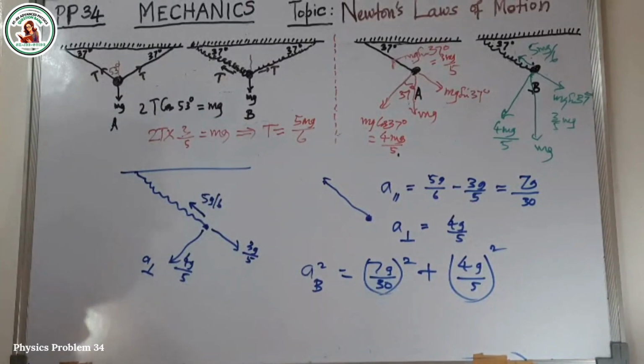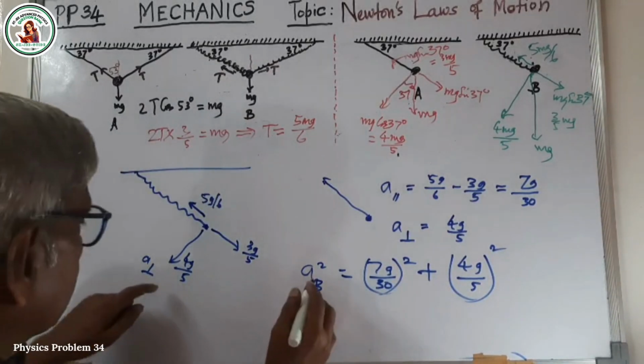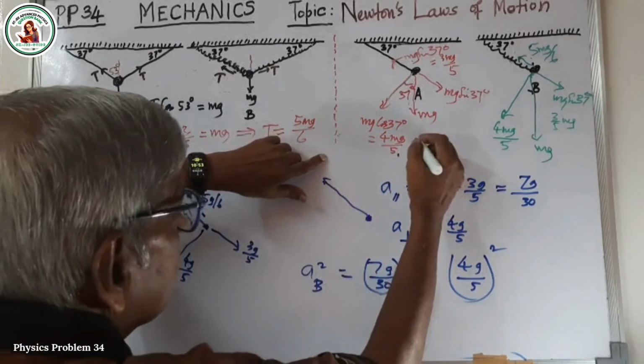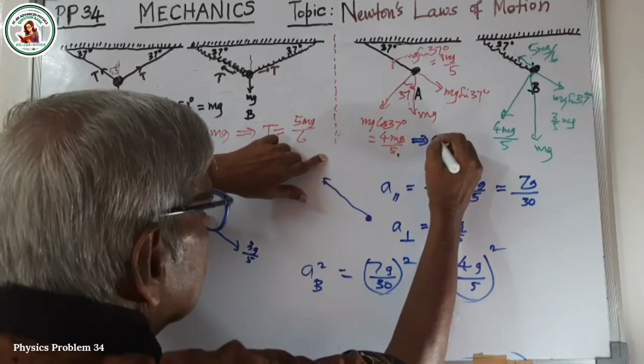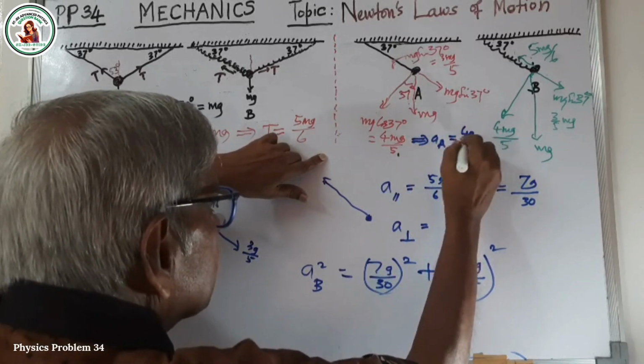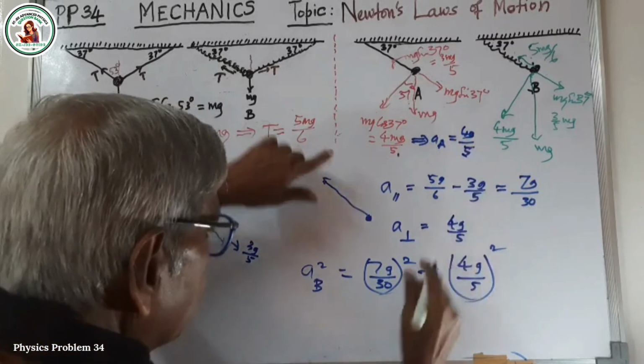So the required ratio: the acceleration of A is 4g by 5, and the acceleration of B is the square root of this.